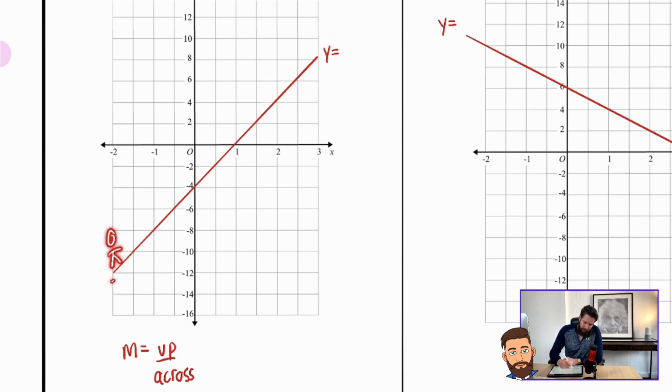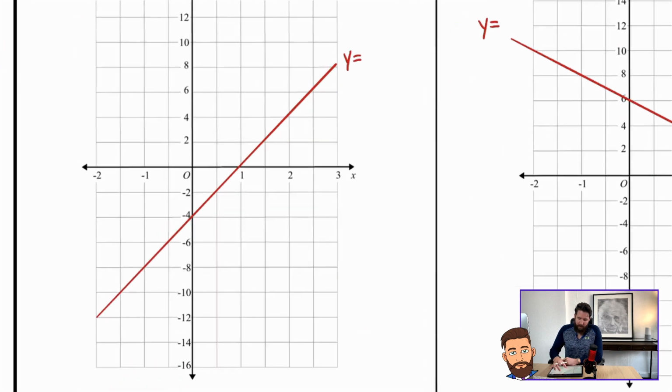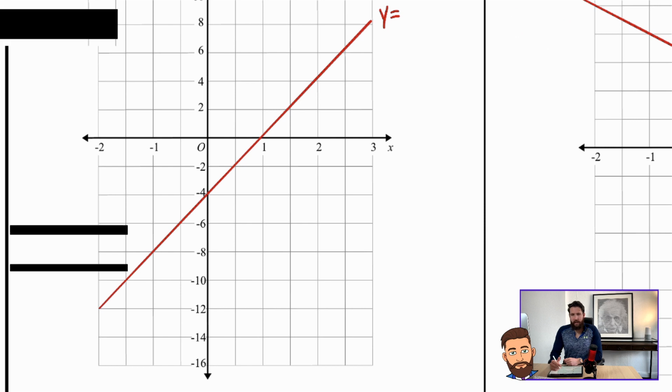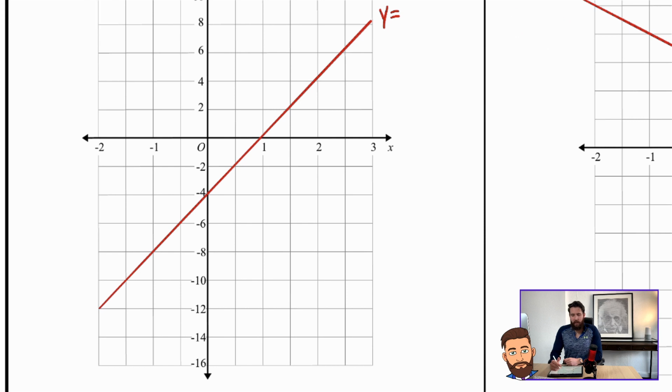Little stick man, if he walks to the right, he's going to walk up. It is a positive gradient. So that's decided. I know that my answer is going to be a positive number. And I now need to pick 2 points on this graph and I need to find the gradient. So you can pick any 2 points, as discussed, provided that they will be on the grid, you're going to get the right answer.